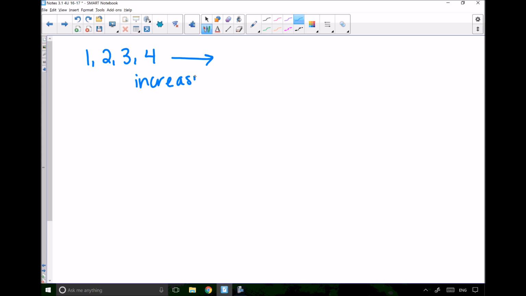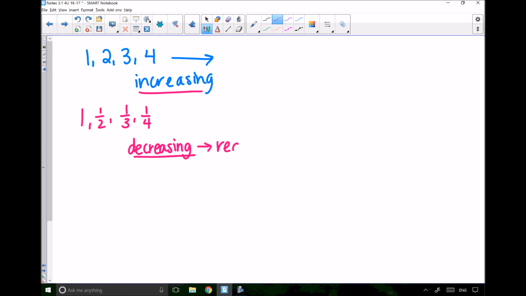So these are going up, right? When I take the reciprocal of these values, I get 1, then 1/2, 1/3, 1/4. So these values are decreasing. So when my original values are increasing, my reciprocals are decreasing.